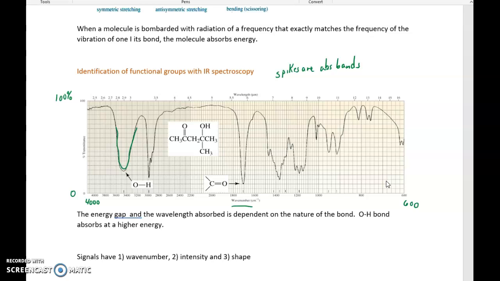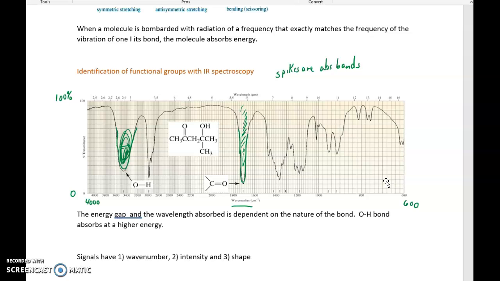Oh, and we can see here we have oxygen that's bound to a hydrogen. This is in an alcohol. And it vibrates at this frequency, and so we get this absorption right here because of that bond. Here we have a ketone, and it absorbs at this frequency, and so we get this band of absorption.